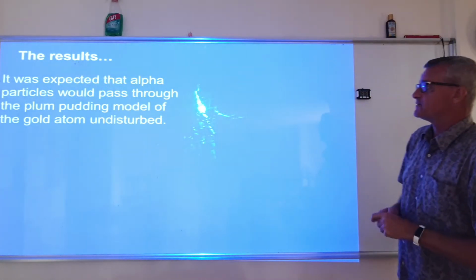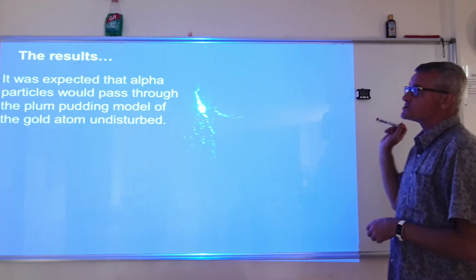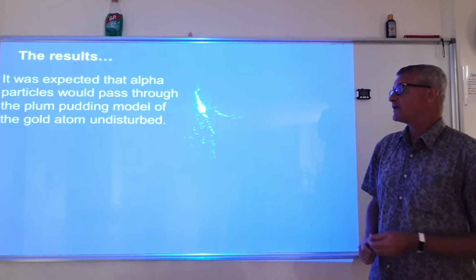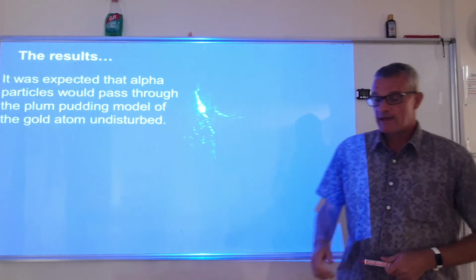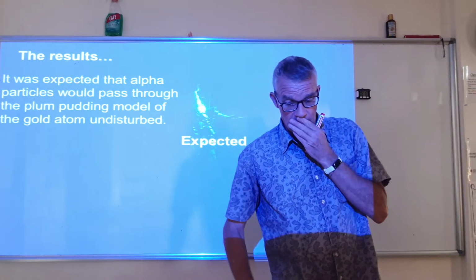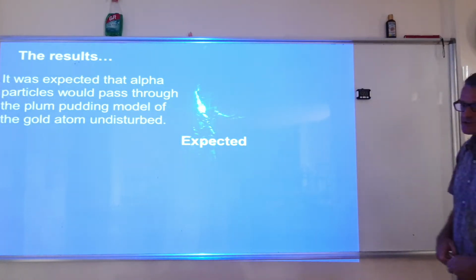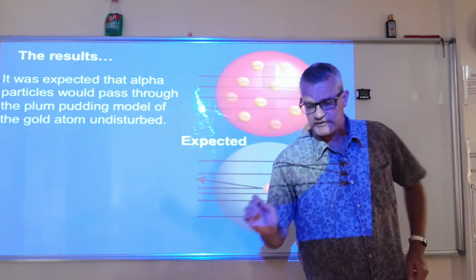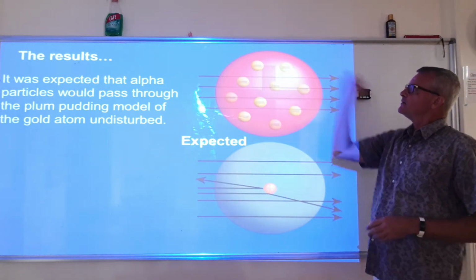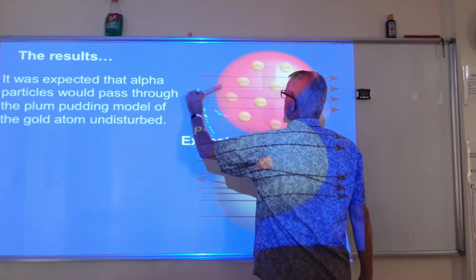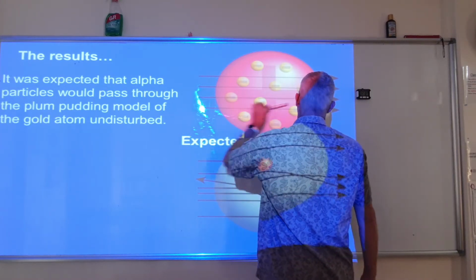He was expecting that the alpha particles would just pass through the plum pudding model. That was the only model they knew at that moment, and it would leave the gold atom undisturbed. So what he was expecting is that alpha particles go straight through the plum pudding model.